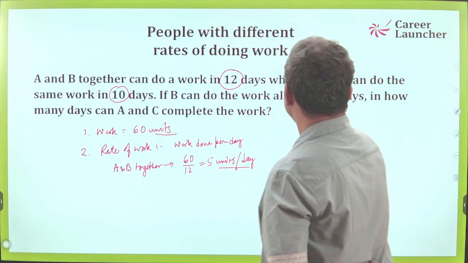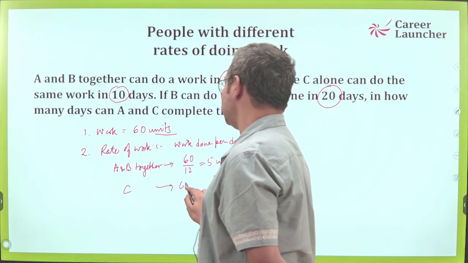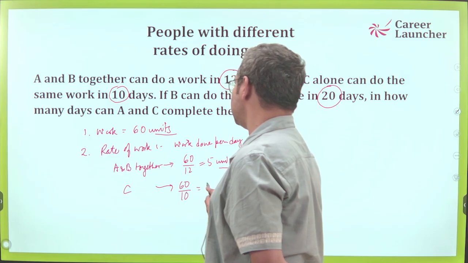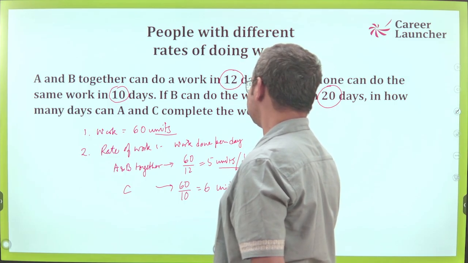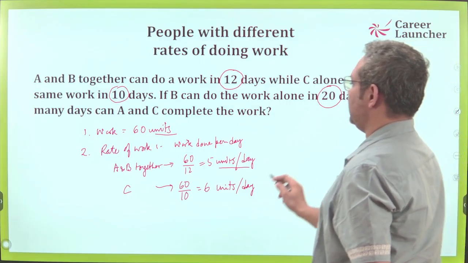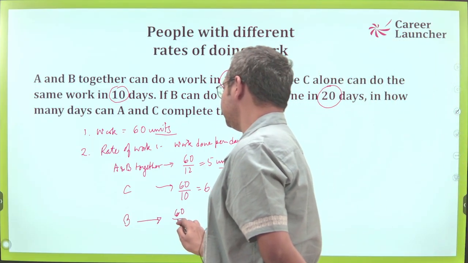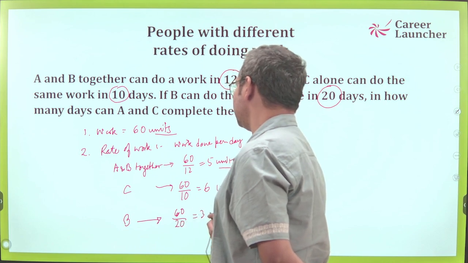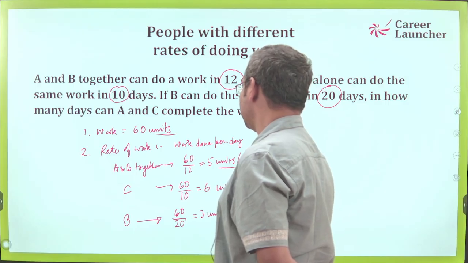Next, it's saying C can do the work in 10 days. So C would be doing 60 over 10, that is 6 units per day. Again, B can do the work in 20 days, so for B it would be 3 units per day.